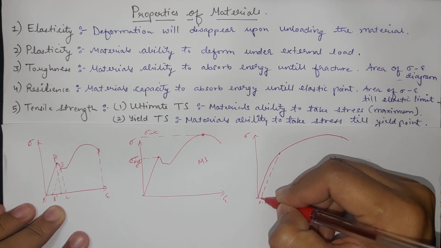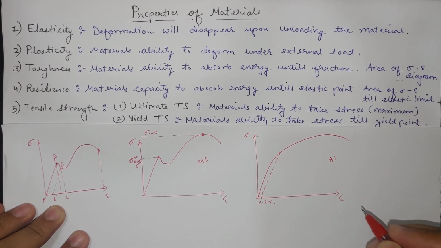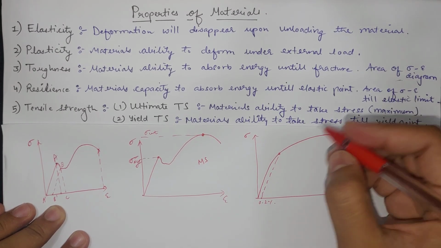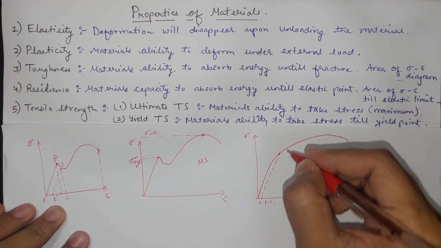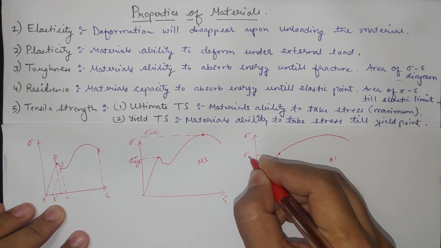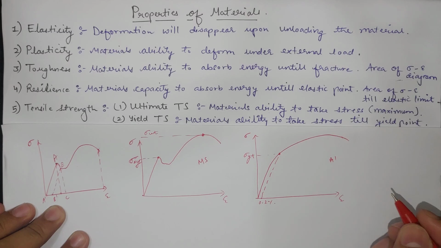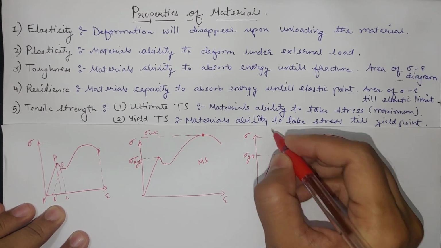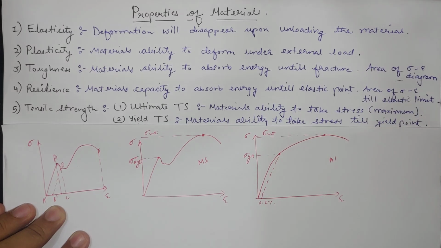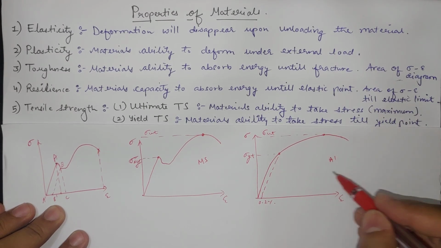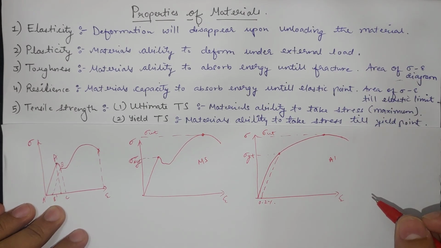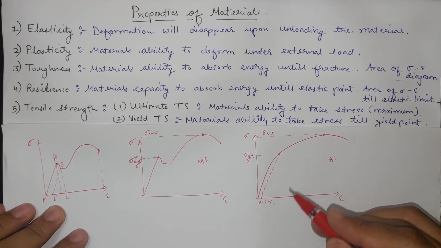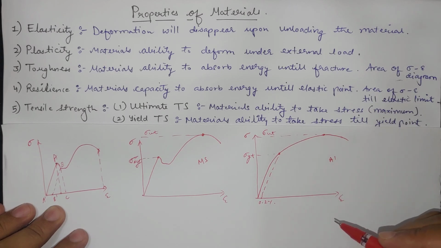We draw a parallel line from 0.2% strain, and the point where it intersects the stress strain curve, we define as the yield strength sigma YT, and the maximum strength is the ultimate strength sigma UT of aluminium or a material like aluminium. This is how we define the yield point in materials like aluminium.